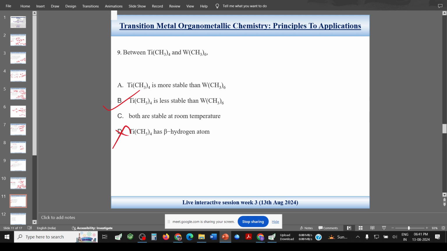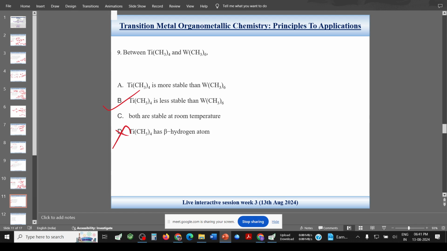One possible mechanism for decomposition is beta hydrogen elimination. If a complex has beta hydrogen, it will decompose faster, but here both don't have any beta hydrogen. So we can easily cut out the beta hydrogen option, and three options remain.